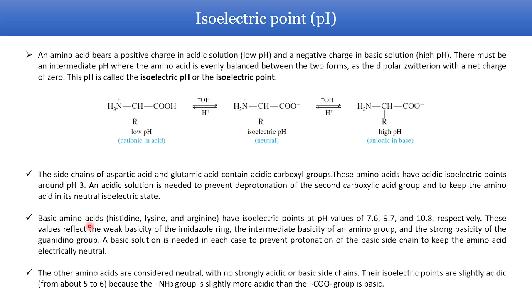The other amino acids are considered neutral with no strongly acidic or basic side chain. So their isoelectric points are slightly acidic, from 5 to 6, because the NH3 group is slightly more acidic than the COO minus group, which is more basic.